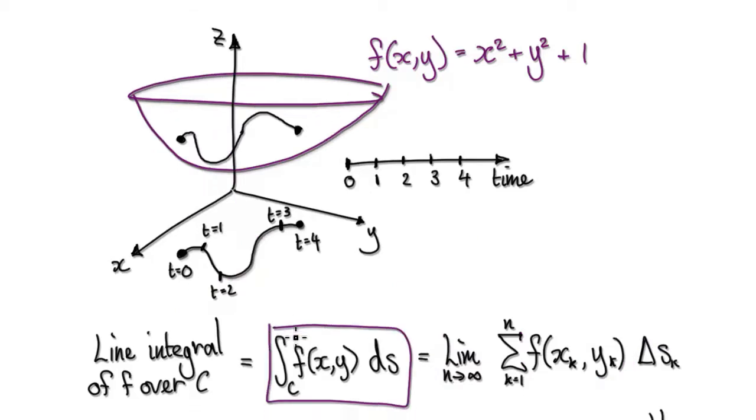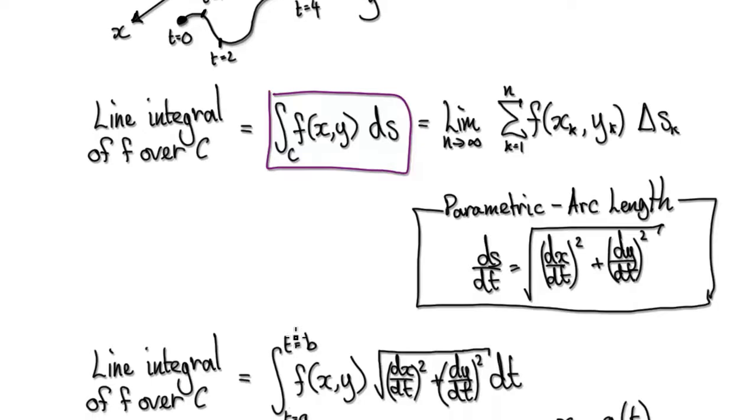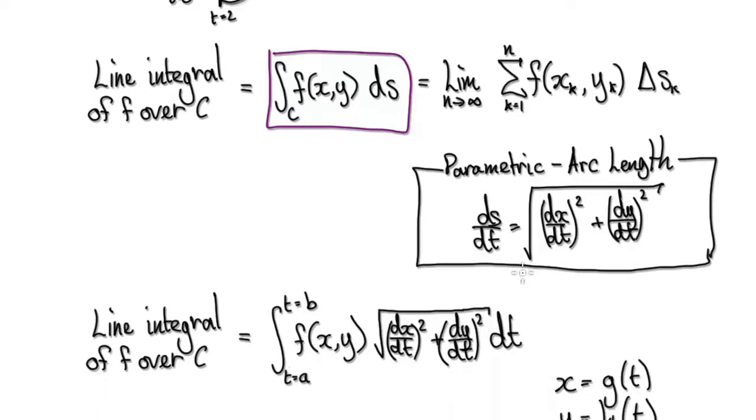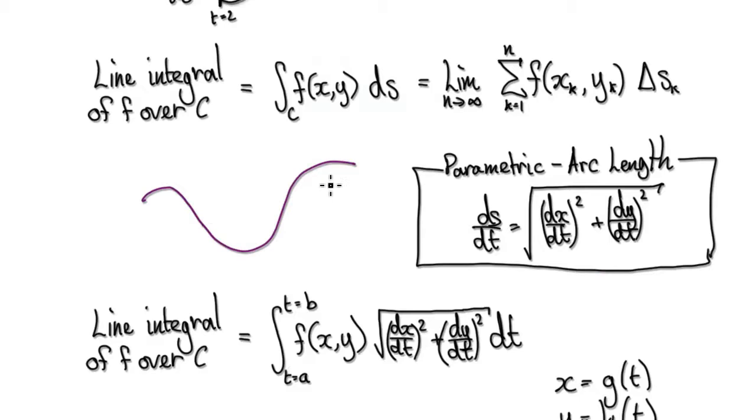Now from our section on parametric equations, the arc length is given by this. So we've seen this before. The idea behind this is, if you've got a particle traveling in this manner from here to here, you would use Pythagoras to approximate the length along the path.